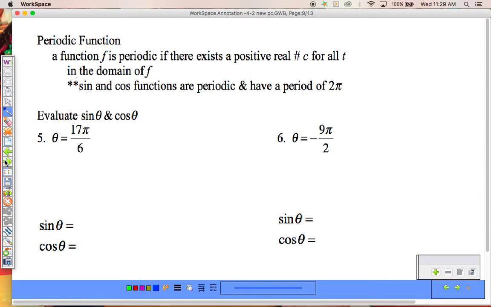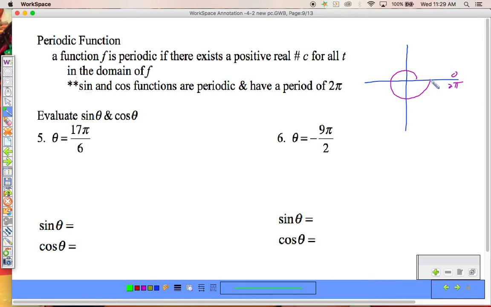So if we look at our unit circle, our angles don't matter how we get there, it's where we end up. So on my unit circle, I'm going to have all of these answers from 0 to 2 pi. Starting at 0 and going to 2 pi, I'm going to have all those answers that we wrote down.